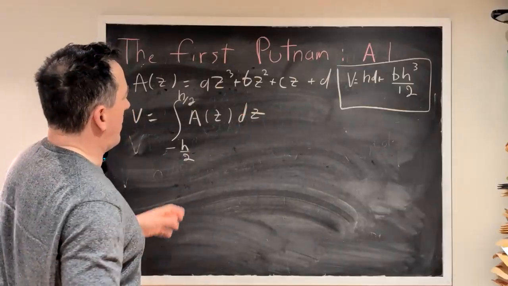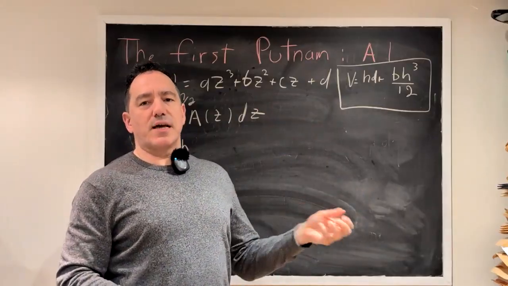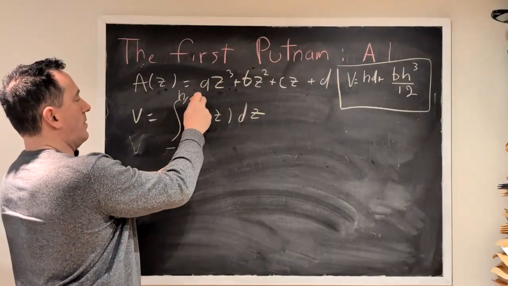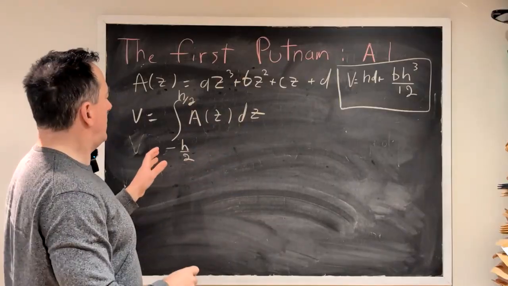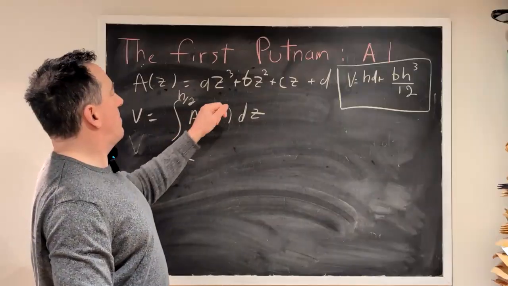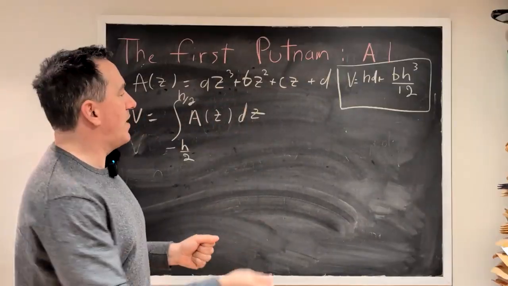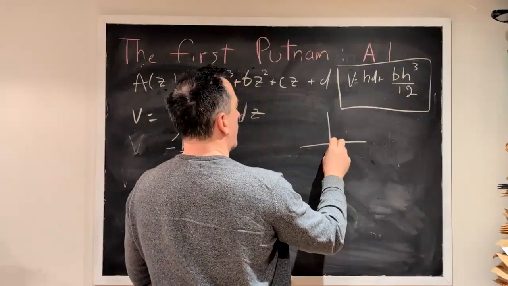So now we have 4 terms, but just as we had previously some terms were cancelling out, we see that we are integrating over an interval that is symmetrical about the origin. And we are integrating some even functions and odd functions. An odd function is a function that will be anti-symmetrical with respect to the origin.